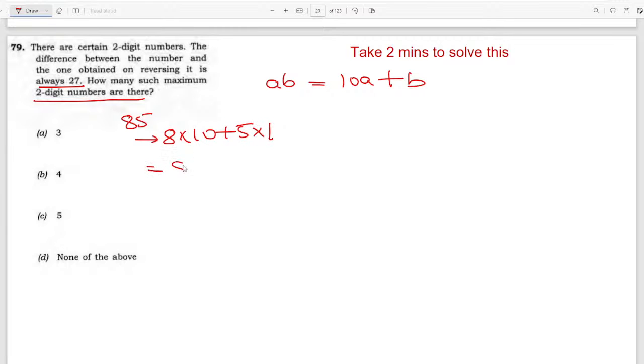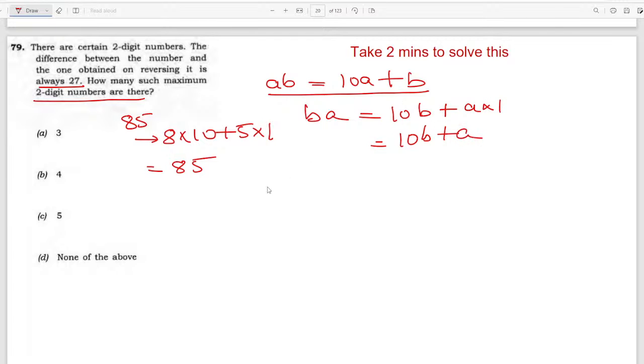So if I take the 2-digit number as AB, AB is equal to 10A plus B into 1. And the difference is between the number and the one where you have reversed it, so AB and BA. The value of BA would be 10B plus A into 1.